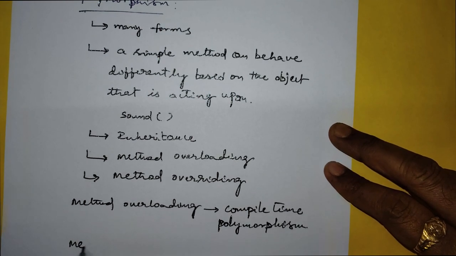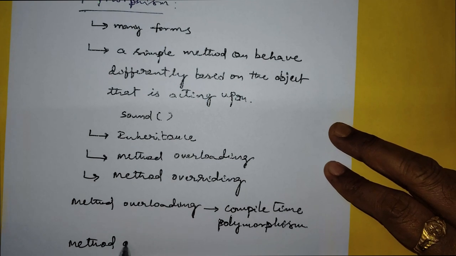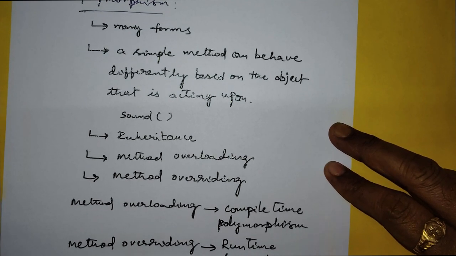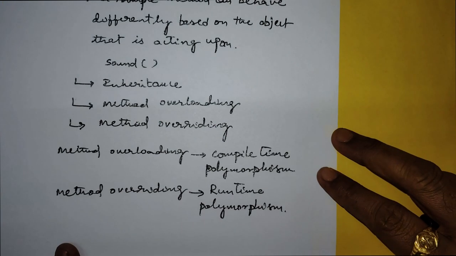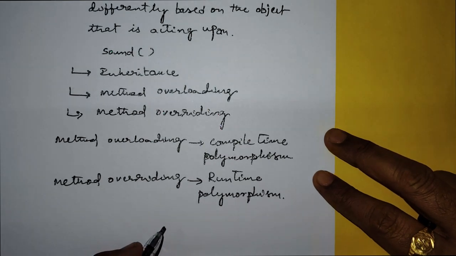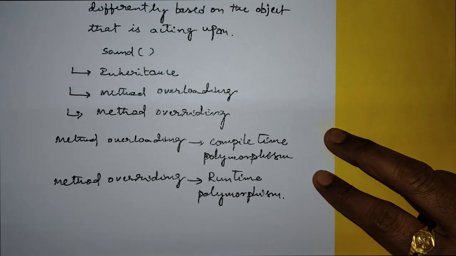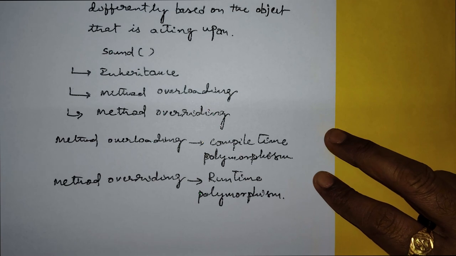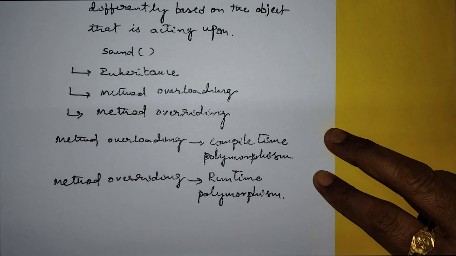If you use method overriding, then it is known as runtime polymorphism. One is compile time polymorphism, another one is runtime polymorphism. Now we are going to explain step by step, one by one, method overriding and method overloading.